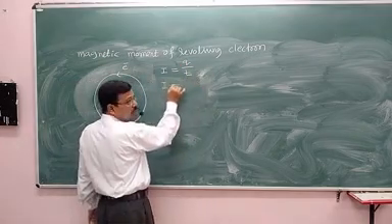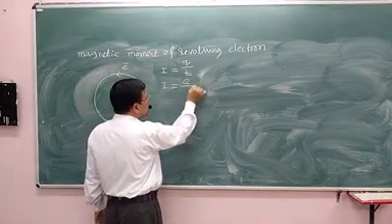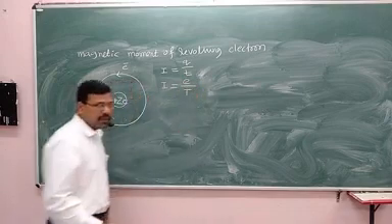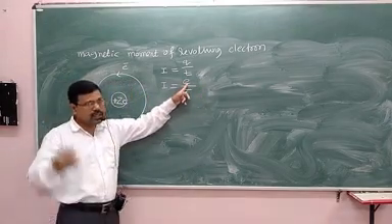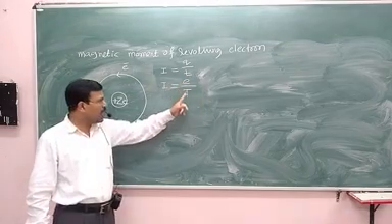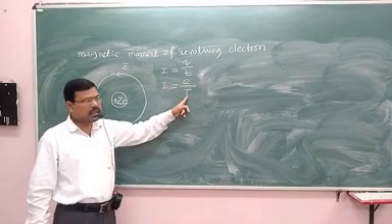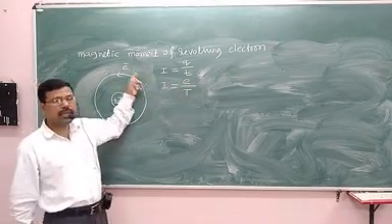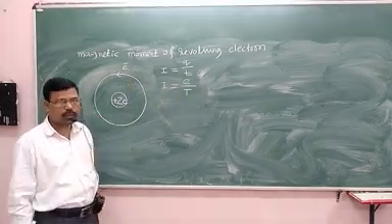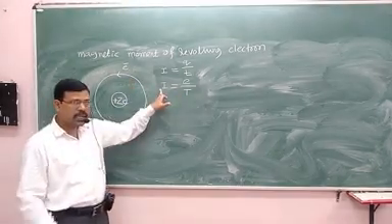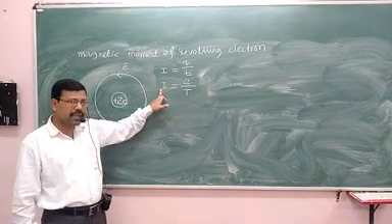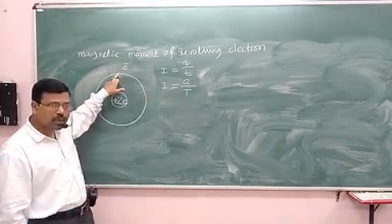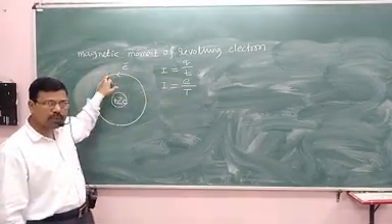Therefore this equation can be written as I equals e divided by T. e is the charge of the electron and T is the total time taken by the electron to complete one revolution. So I is the amount of electric current produced by the motion of the electron in one revolution.